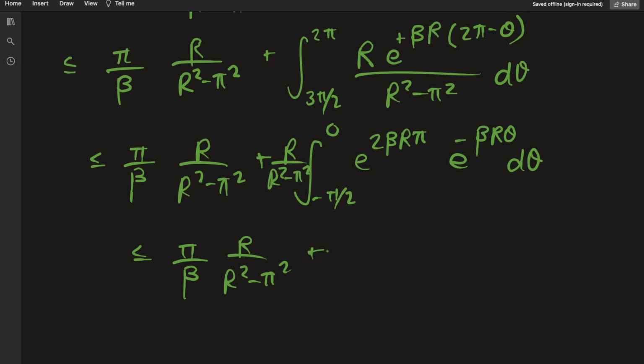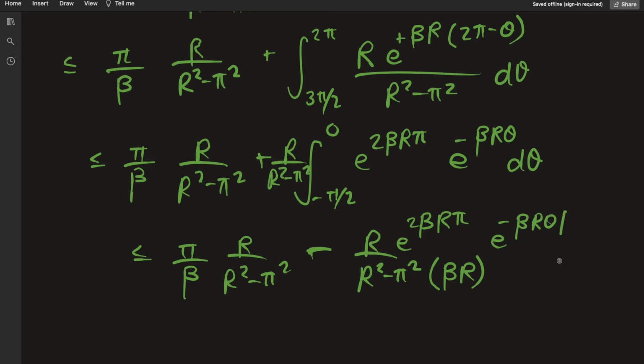And then if you just evaluate everything finally, you're gonna get a really simple expression over here. You're gonna have a negative r over r squared minus pi squared beta r, and e raised to 2 beta r pi e raised to negative beta r theta from negative pi over 2 to 0.